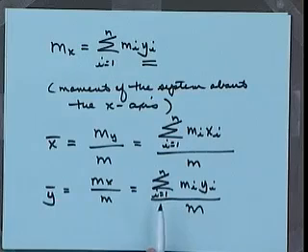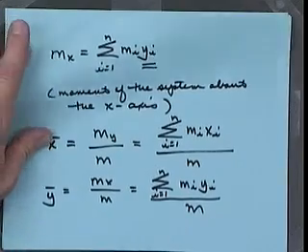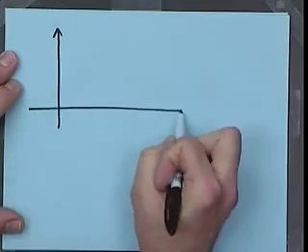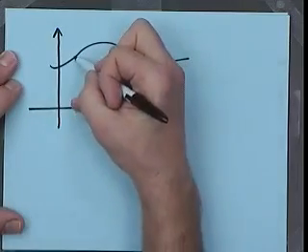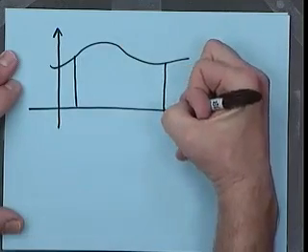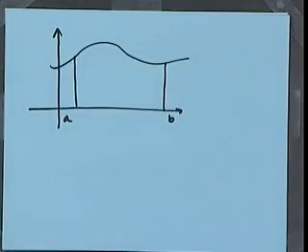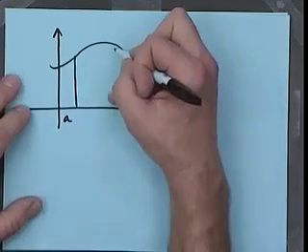Now, how's that going to play out as far as what we need to put in the integrand, because this is applications of the integral? What we normally do is look at one of the pieces of the region that we're dealing with. So let's do that here. We've got this region from A to B. Let's look at one of the skinny little pieces, a skinny little rectangle.